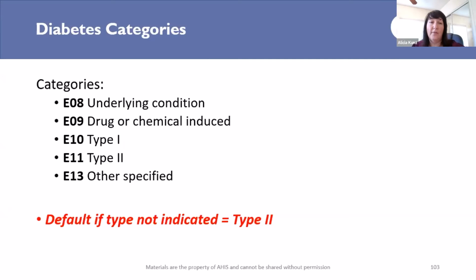But you can see here we have E08 for underlying condition, E09 for drug or chemical induced, E10 for type 1, E11 for type 2, and E13 for other specified. If the documentation doesn't tell you the type of diabetes, the default one you're going to use is type 2 because that is the most common type of diabetes. Next.